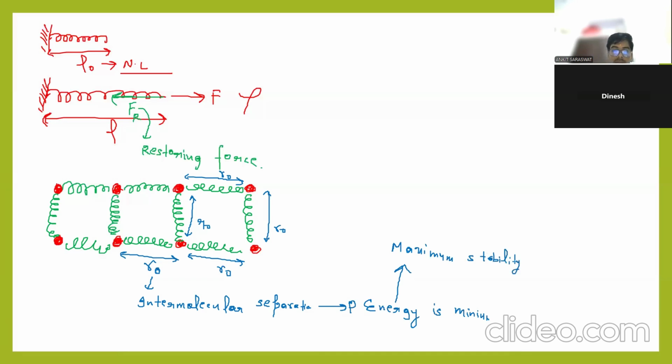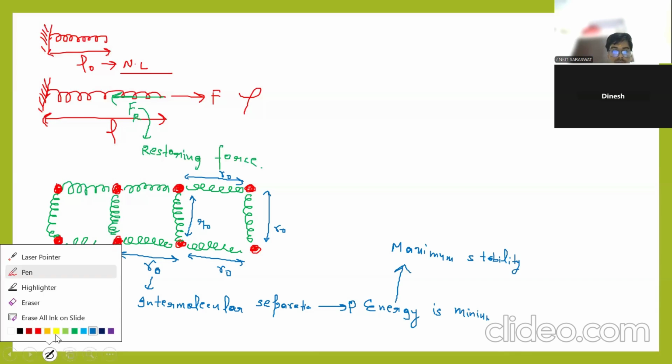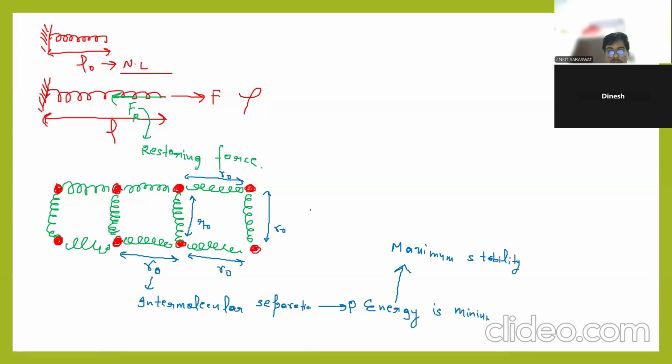That is why, if you apply an external force, R naught will increase, and when R naught increases, energy is going to increase. Then again it will regain its original shape, to increase the stability. Understood? Any doubt?